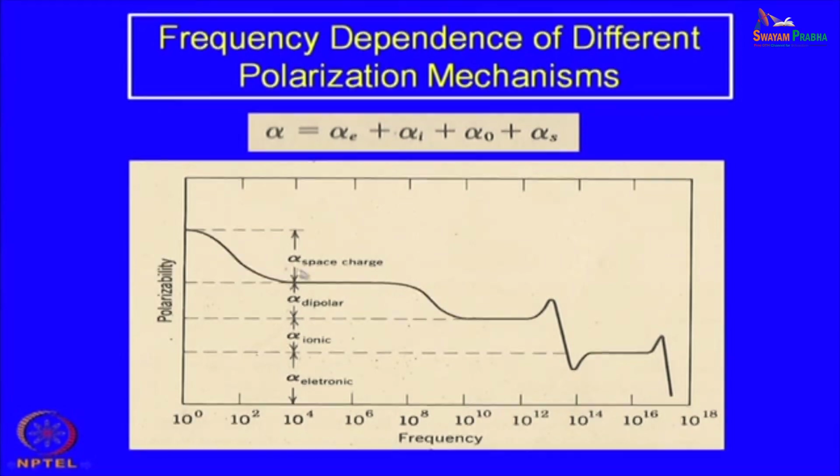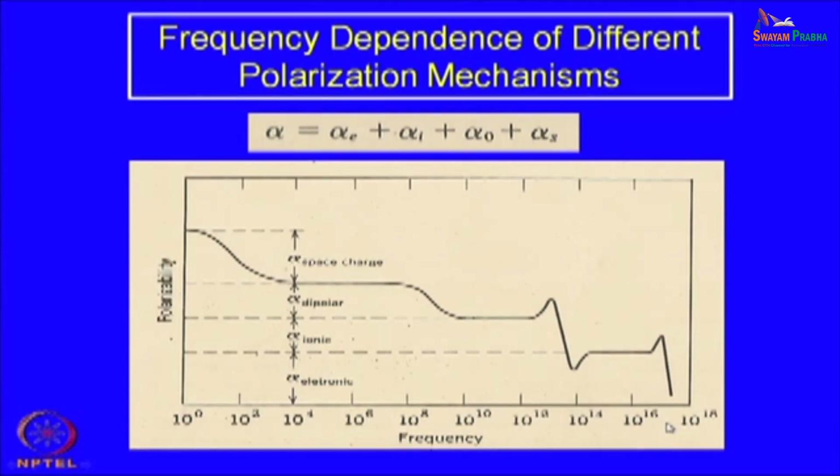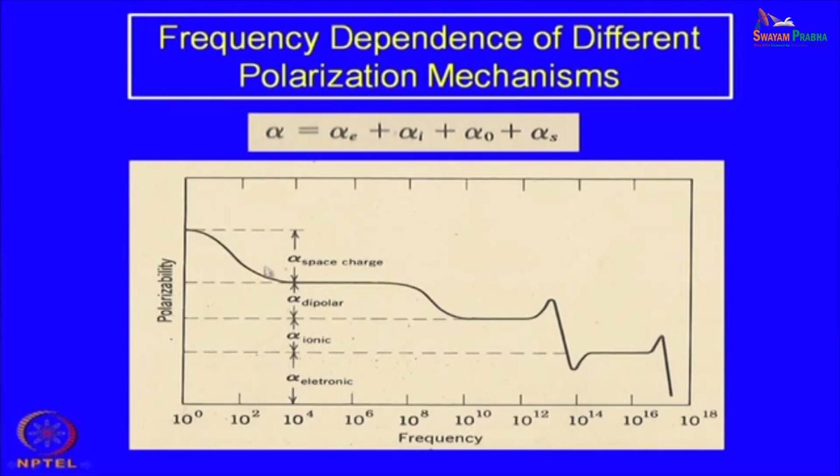So, if you plot the polarizability, the alpha which has been defined earlier, as a function of frequency over a wide range from almost 1 hertz to about 10 to the 18 hertz, in this frequency range, 4 different mechanisms respond in 4 different ways.